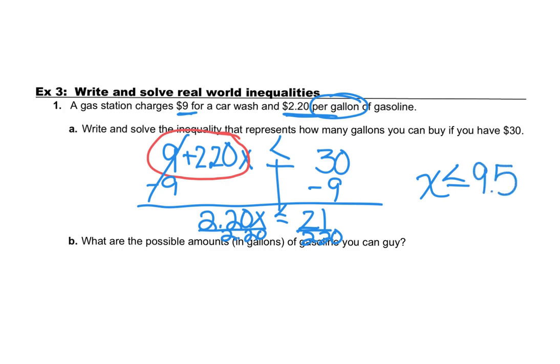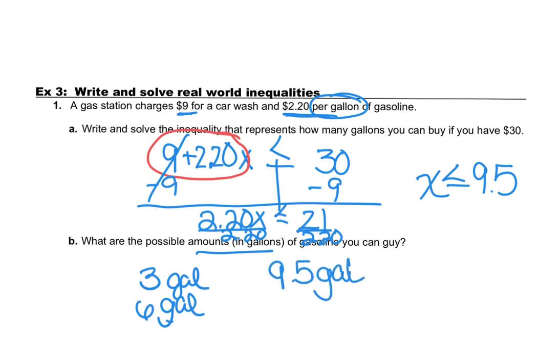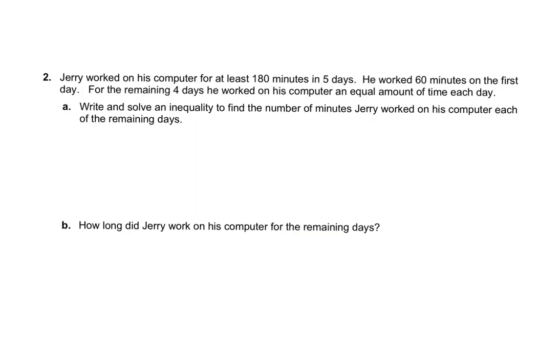All right, so what are some possible amounts in gallons of gasoline you can buy? So we could buy 3 gallons, we could buy 6 gallons, and I could also buy 9.5 gallons. But anything more than 9.5, I cannot purchase. So there's 3 separate solutions.